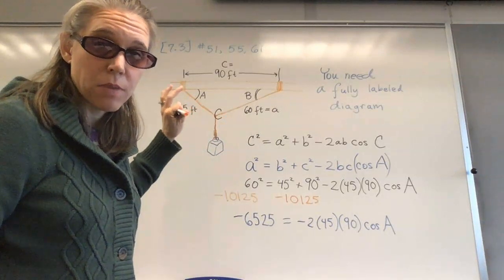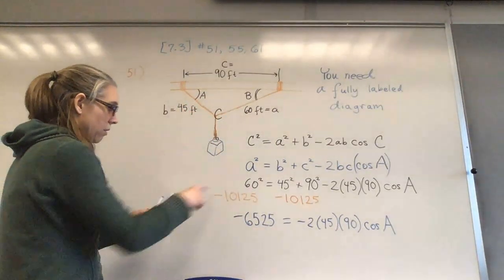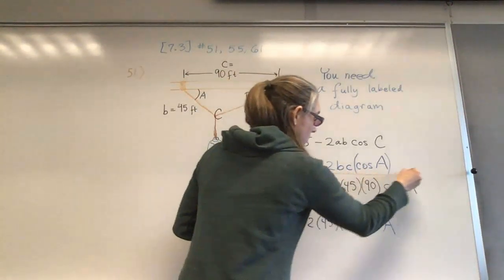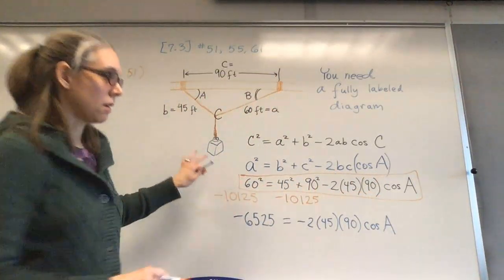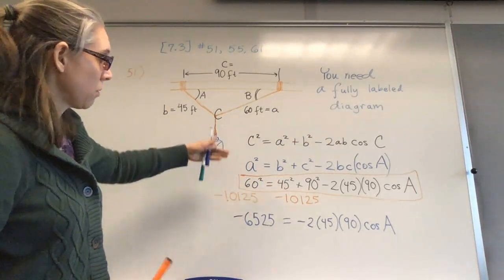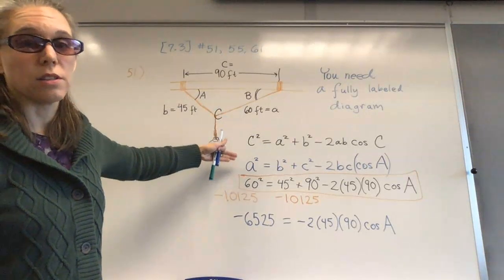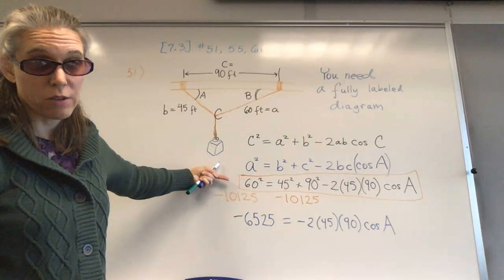So other than that, the only other thing that you have to have that I've written so far is this line right here. Okay? This is where I plugged in all the values into the law of cosines. What I've done before is I've written out things that would be helpful for you as you're learning, but you only need to actually show this line right here.